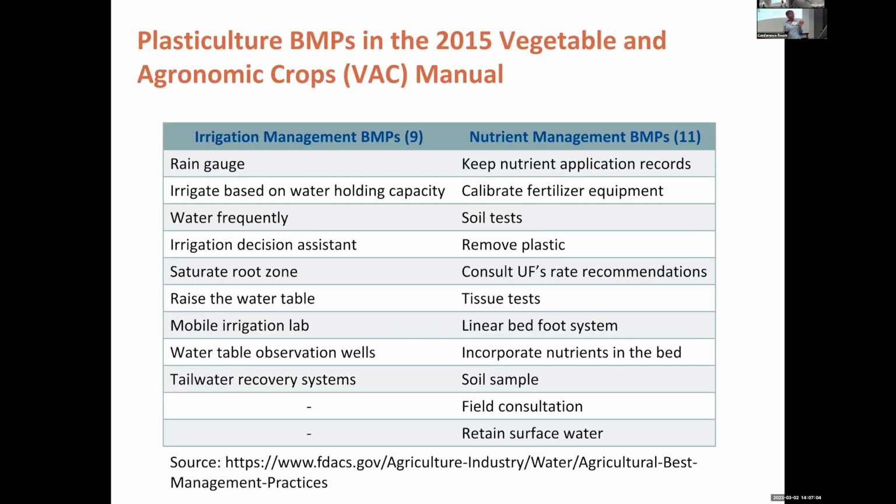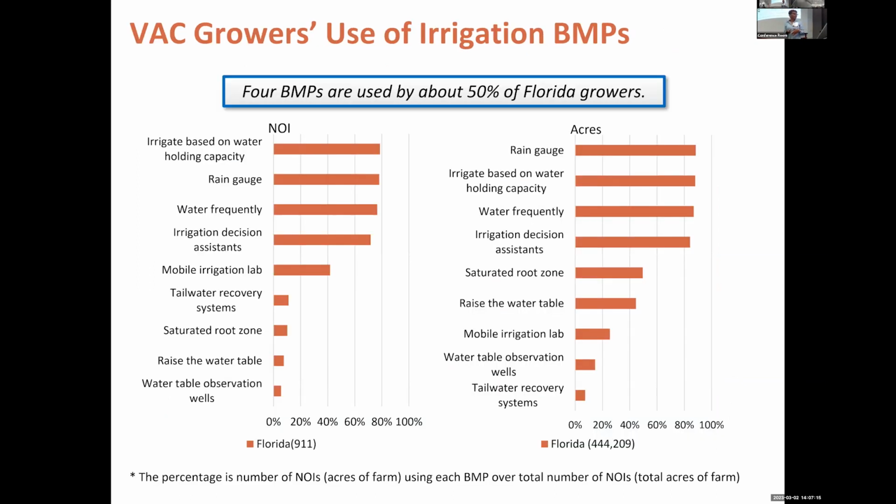So we're looking at 9 irrigation management BMPs and 11 nutrient management BMPs. I'm not going to go through this list. They'll come up as we go through the slides. So just simply what's being adopted, or what's being used. This is just the rate of the BMPs that are being used by the farmers in this manual.